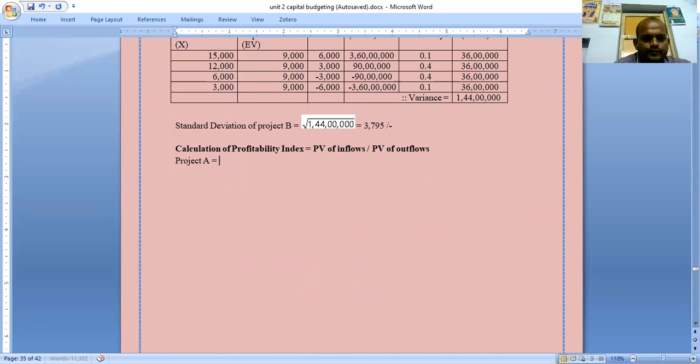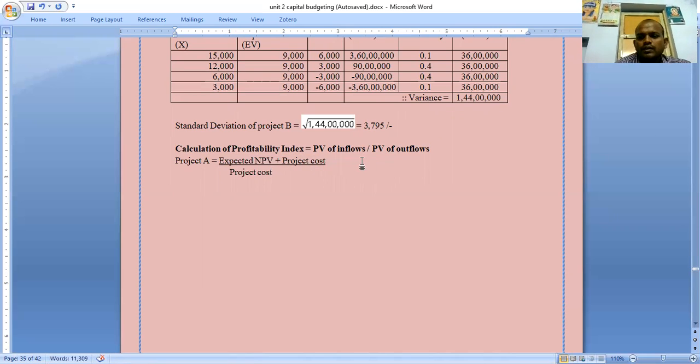So expected cash flows, expected NPV plus project cost, divided by project cost.